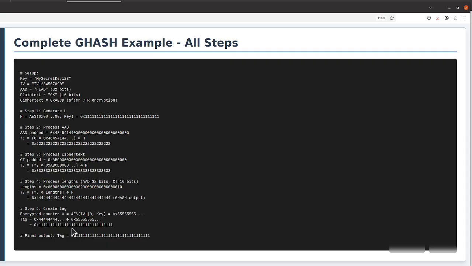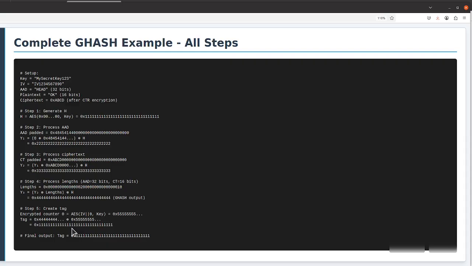Compute Y2 equals (Y1 XOR C1) times H, which equals (0x22...22 XOR 0xAB...00) times H. The XOR gives approximately 0x22...22. Multiply by H to get Y2 equals 0x33...33.